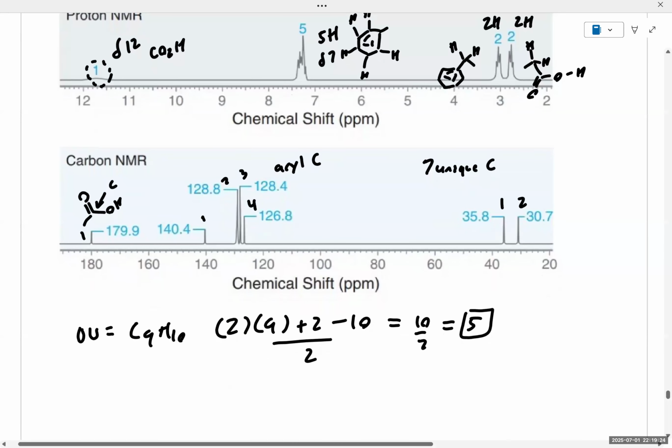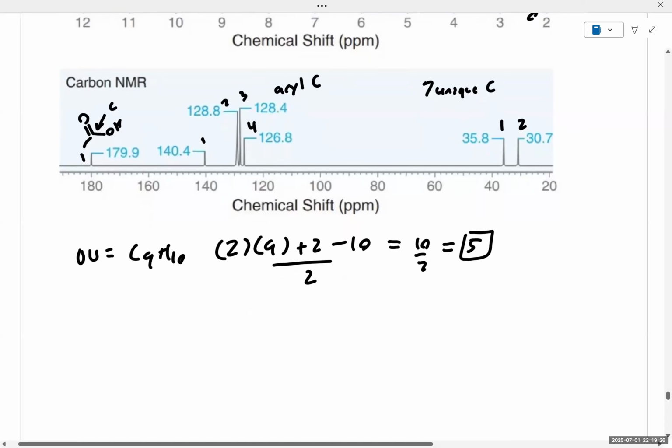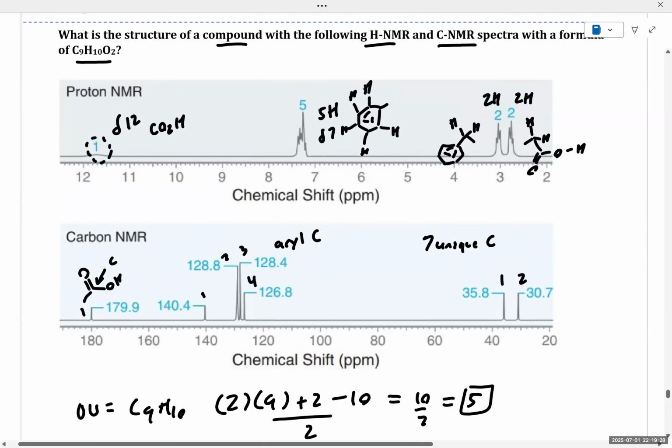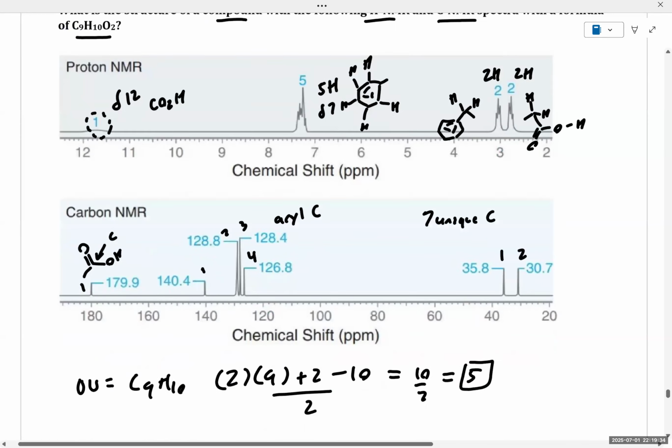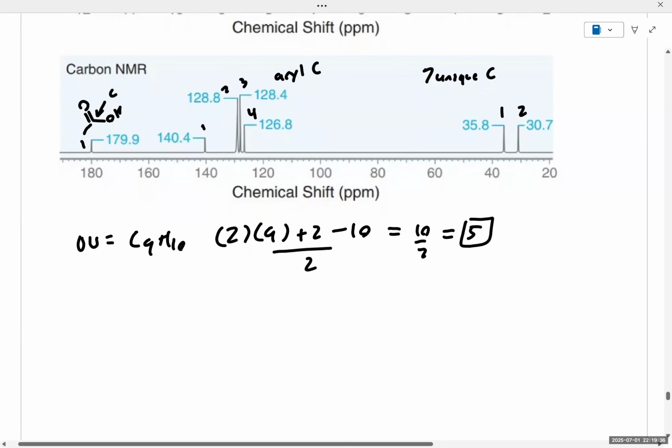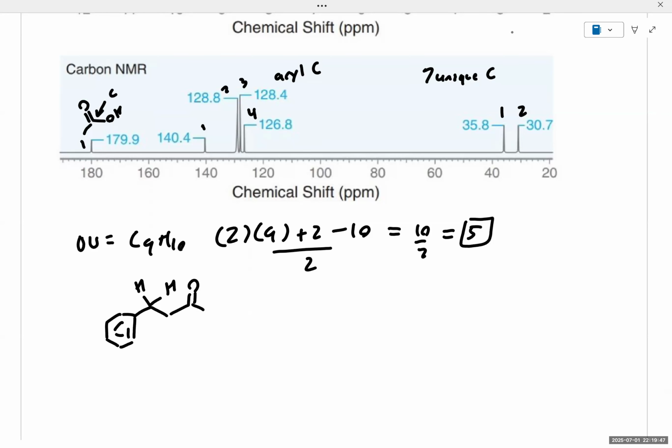Okay, let's take a few moments now and let's try to put together our fragments. Based on coupling, these 2 CH2 groups are going to be adjacent to one another. So that in turn tells us we have the following CH2 group adjacent to the carboxylic acid CH2 group.